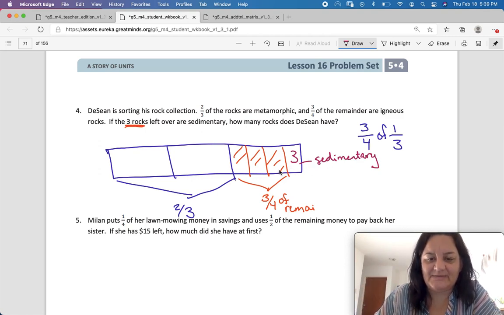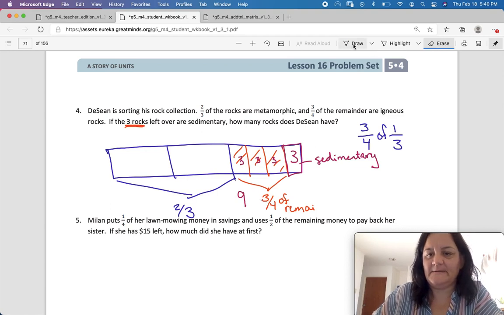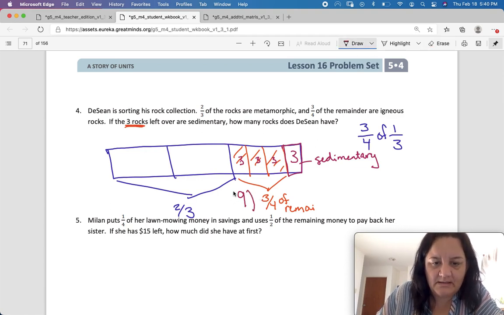3 were sedimentary. So now I know that this one little box is worth 3. Okay, and that means that there's 3 boxes in here. So that would be 3, 3, 3, that would equal 9. Okay, and how can I figure out how many are the rest? If I cut this one into 4, I can cut this one into 4 and this one into 4.